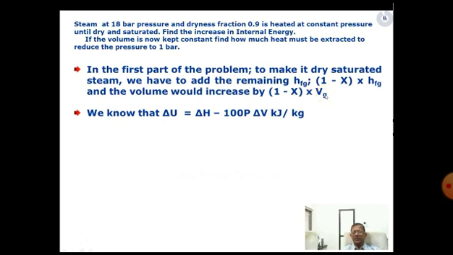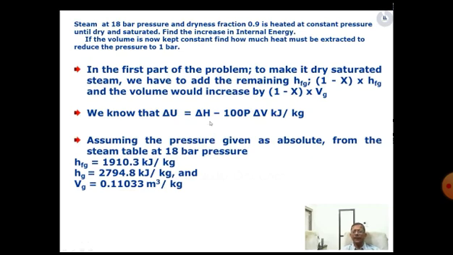And we can use this in the equation for the change in internal energy: del U is equal to del H minus 100 P delta V. Here the del H we know is 0.1 into hfg at 18 bar, and del V will be 0.1 into vg at 18 bar. So from the steam table, again do not forget to mention this, assuming the pressure given is absolute, we note down the hfg, hg and vg at 18 bar condition.